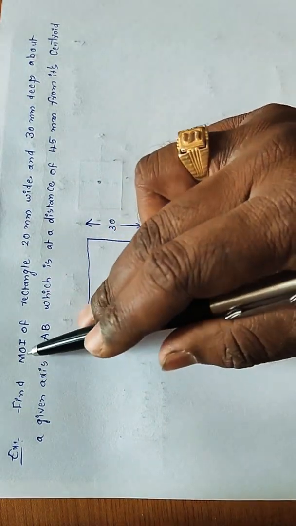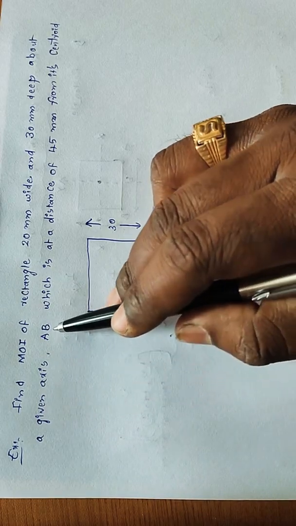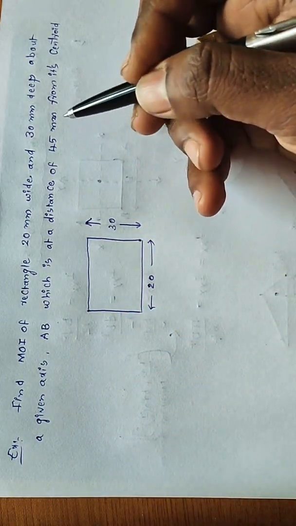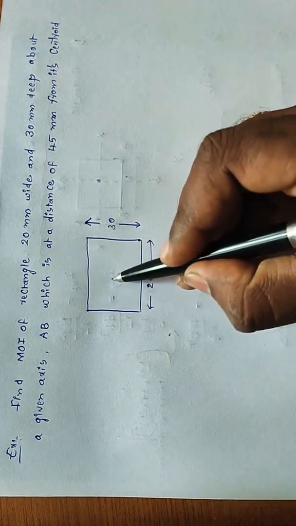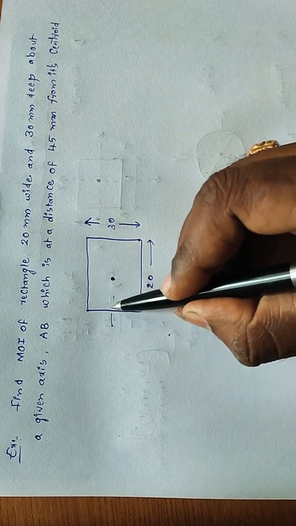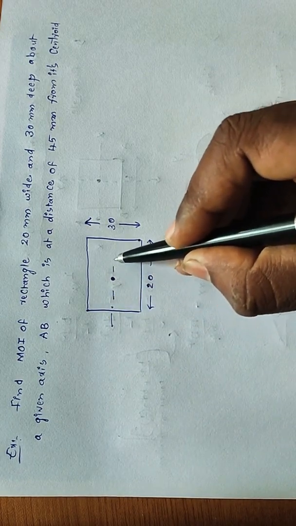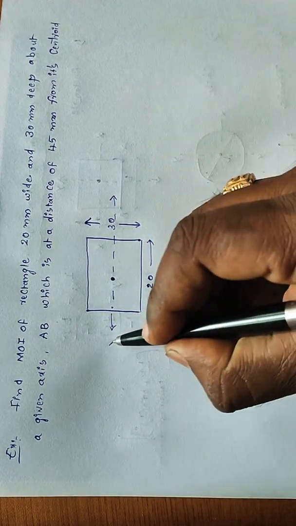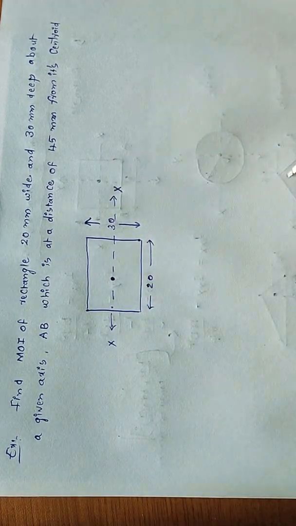So we have to find the moment of inertia about the given axis AB. This AB axis is at a distance of 45 mm from its centroid. For a rectangle, the centroid is at the center. About this centroid, one axis is passing, which we are assuming as the centroidal axis XX.